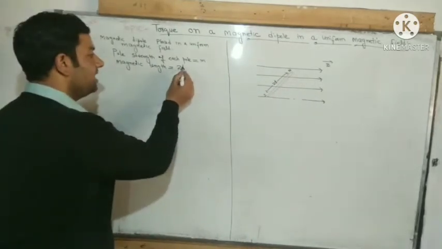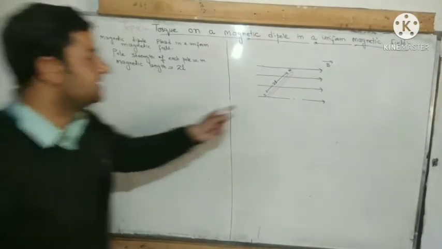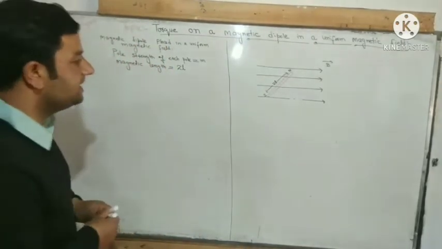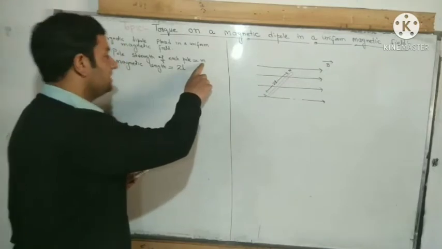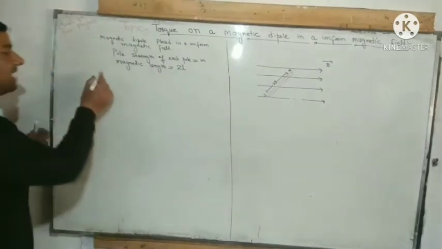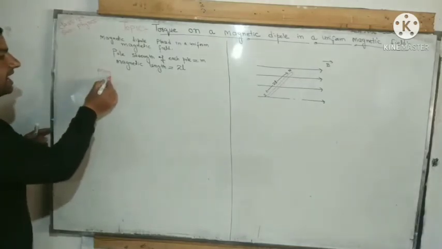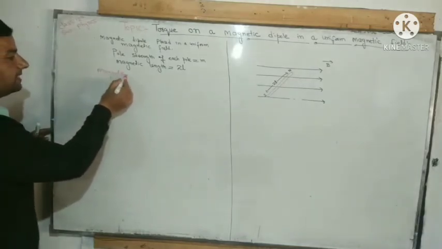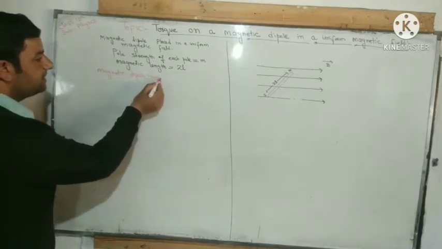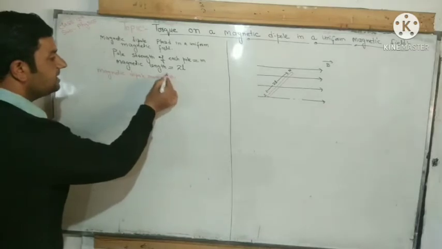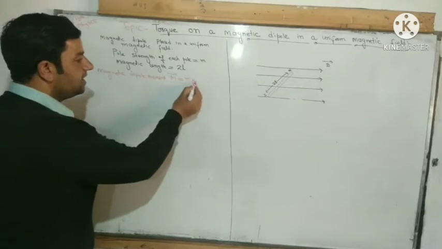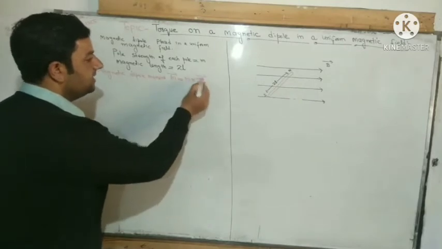Then the magnetic dipole moment, capital M, is equal to pole strength into magnetic length.